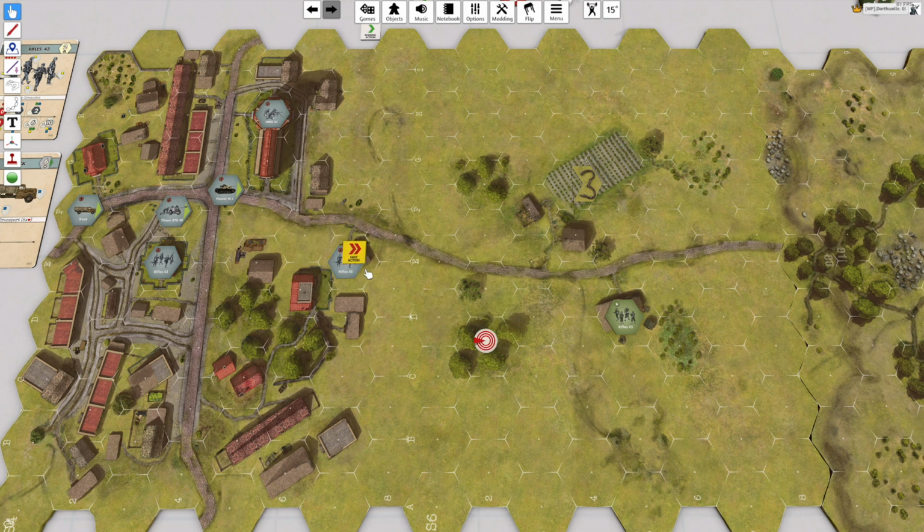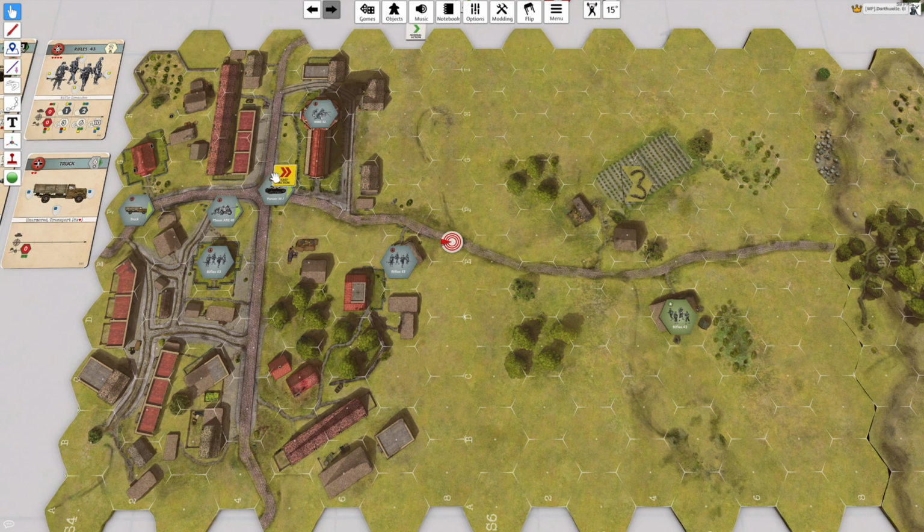Same principle for vehicles. I want to go with my Panzer 3J. I normally have 3 movement allowance, but I want to go a little bit further. I have to do a fast action, and I can move 1, 2, 3, 4, and then I have reached my target hex.